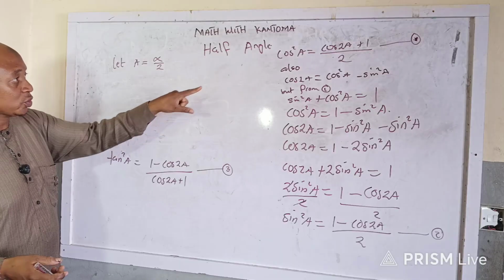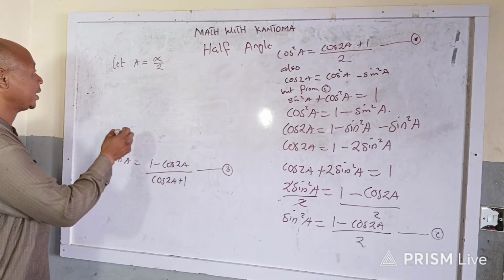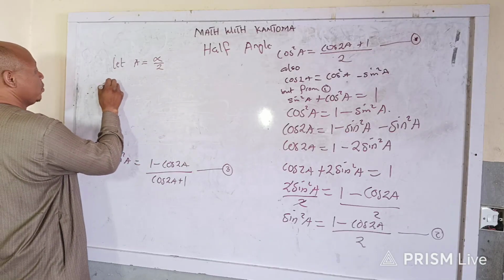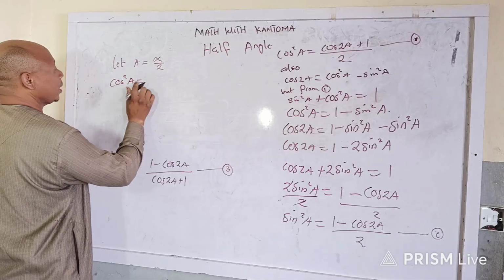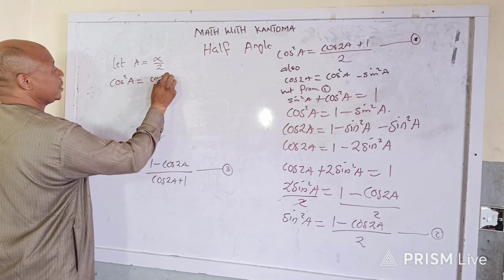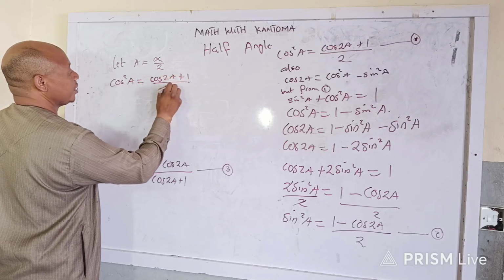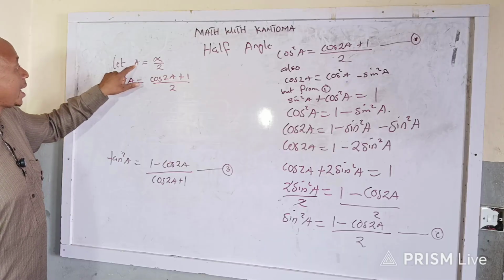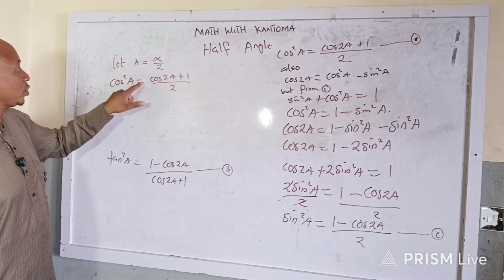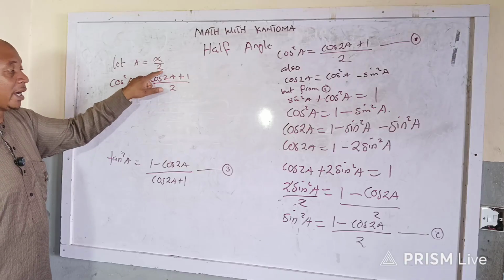Anywhere you see A. So now, starting from the first equation, equation 1, where we say cos square A is equal to cos 2A plus 1 divided by 2. So now I said we are going to start by assumption by letting A be equal to alpha over 2. So wherever you see A, substitute it by alpha over 2.